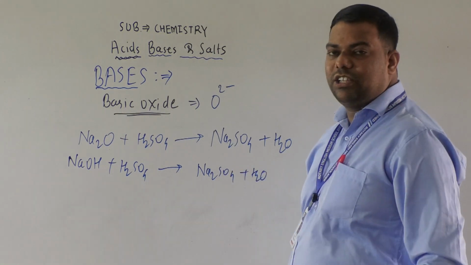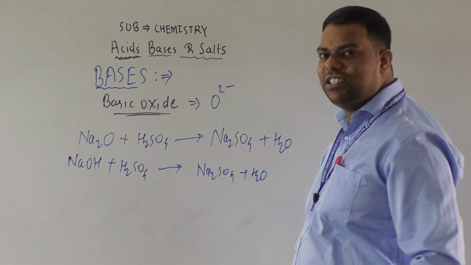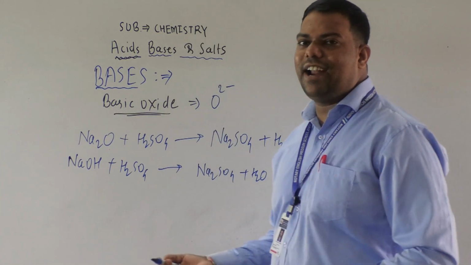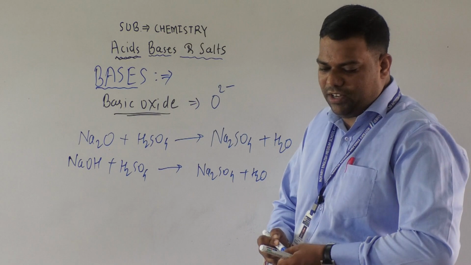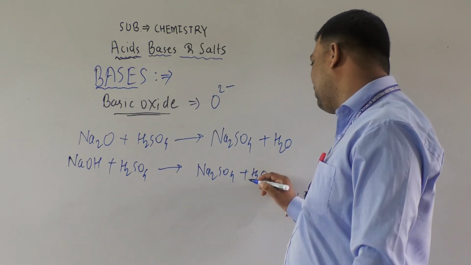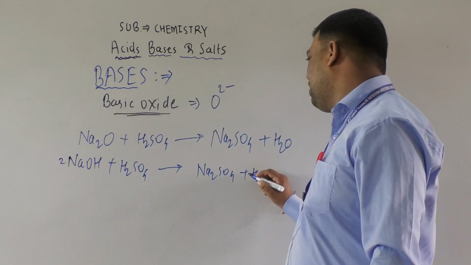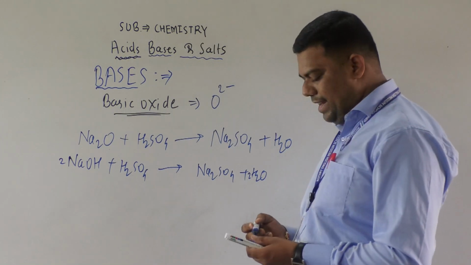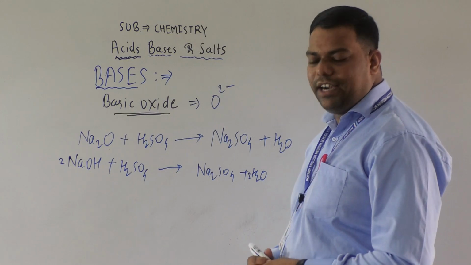But in the previous lecture we saw the temperature difference: below 200 degrees Celsius you get sodium bisulfate, and above 200 degrees Celsius you get Na2SO4. So these are simple reactions, and you can balance them: 2NaOH, and 2H2O. Our reaction is balanced.